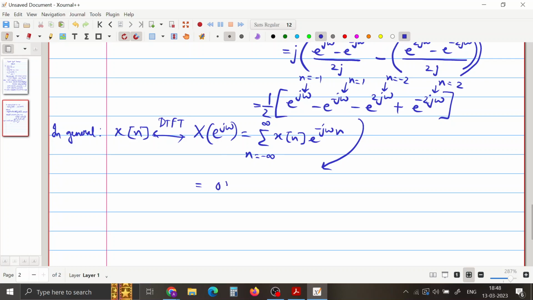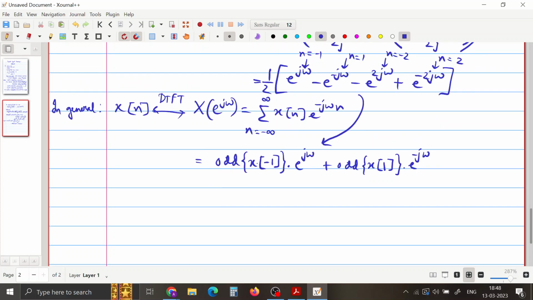So what I can say is the odd part of x of minus 1 times e power 0, and then plus the odd part of x of 1 times e power minus 3 omega.